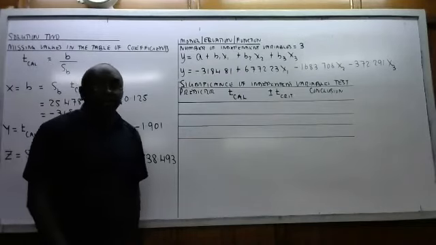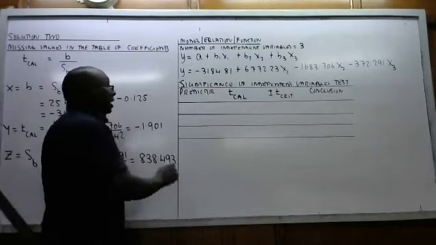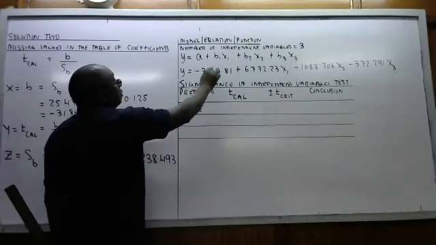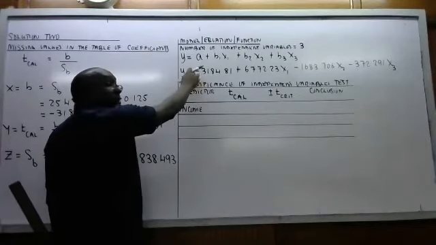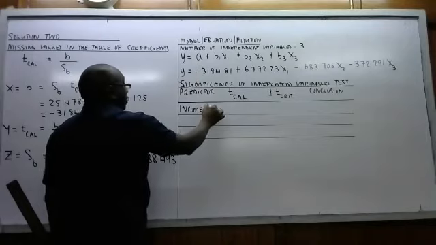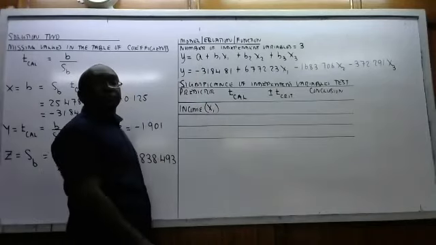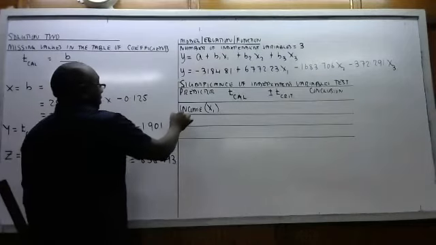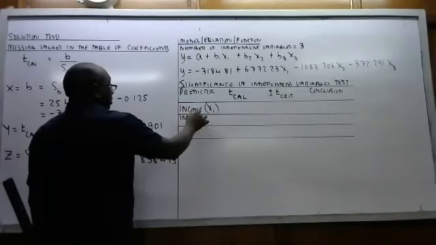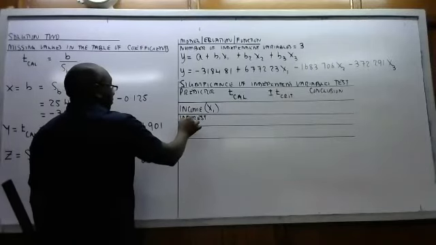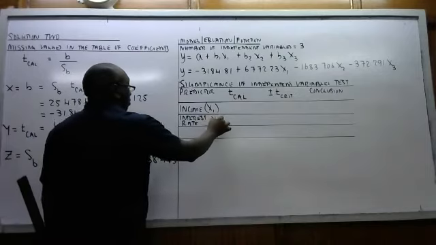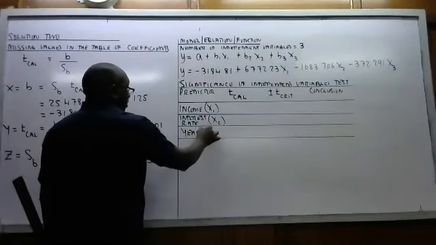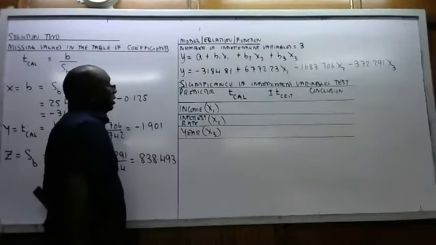The first independent variable as zimepangwa hapo is income. And according to venye tumepanga hapa, income ndio x what? X1. Then interest rates, it is our x2. And then we have here, which is x3.